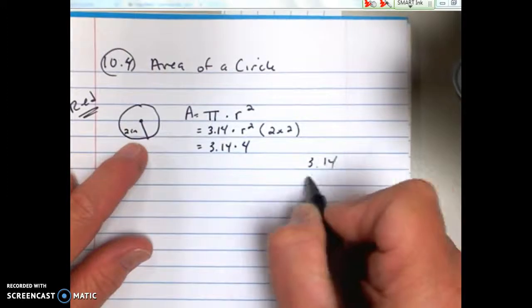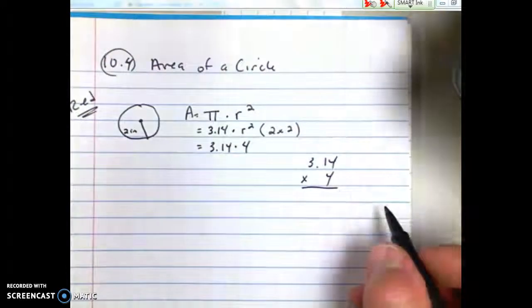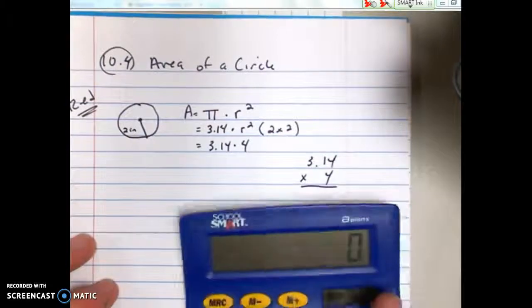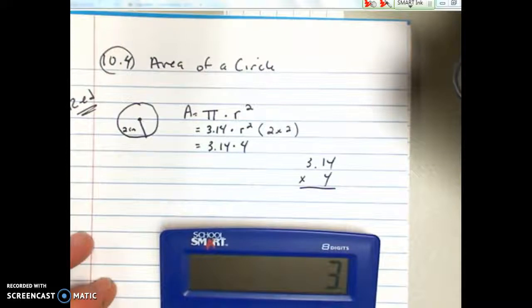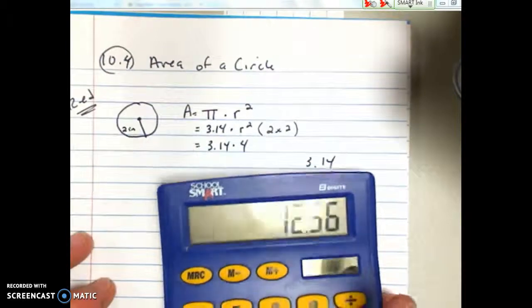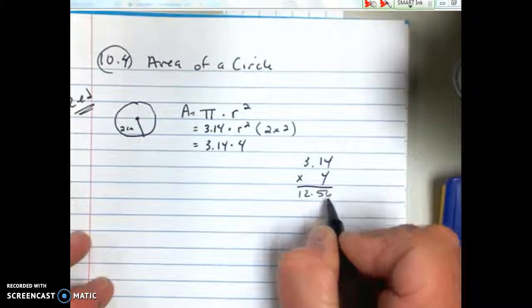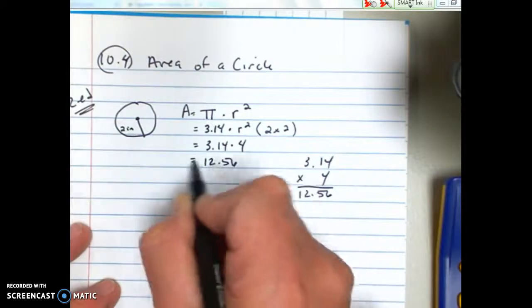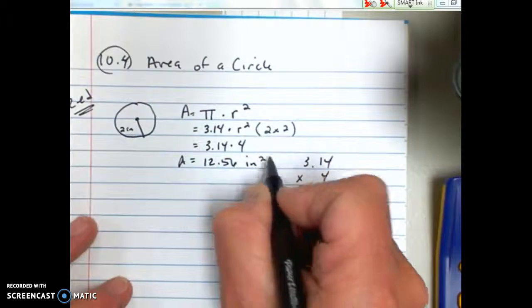So 3.14 times 4. And you can stop a moment, grab a calculator. You can do your calculations on calculator just to make it a little bit more efficient. So 3.14 times 4 is equal to 12.56, and so our area is equal to 12.56, but we have to label this inches squared.